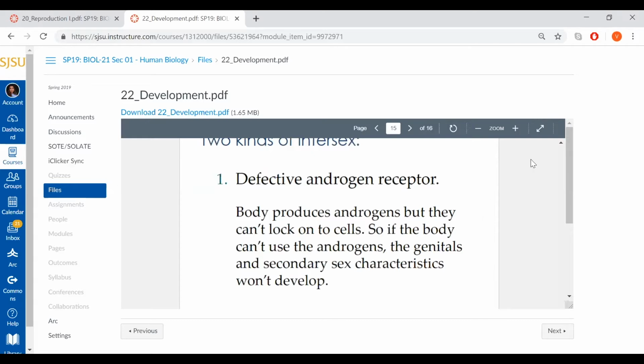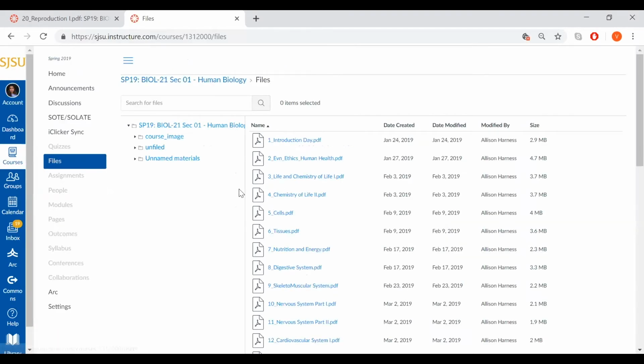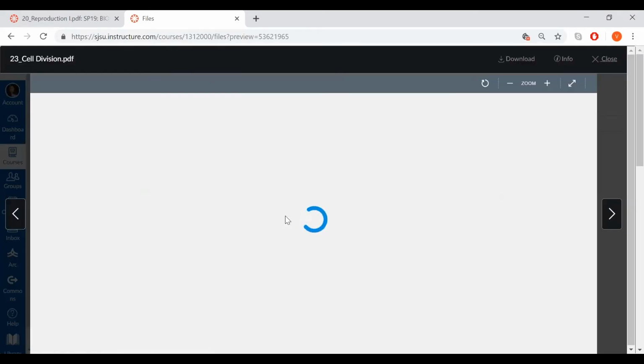Also the differentiation of XX and XY chromosomes, and how the hormones interact when that happens. And then the differentiation between the embryonic phase and the fetal phase. I'll definitely know those.